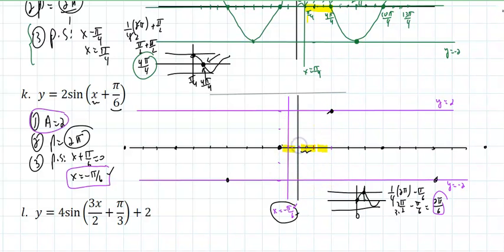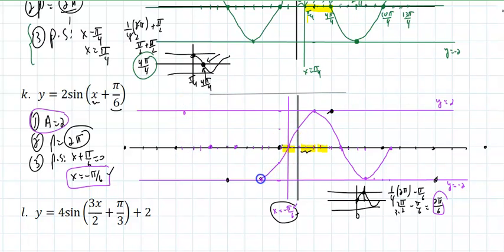So 3 more, 1, 2, 3. 1, 2, 3. 1, 2, 3. And 1, 2, 3. There. It looks a lot nicer this way. And to the left, 1, 2, 3. 1, 2, 3. 1, 2, 3. And 1, 2, 3.